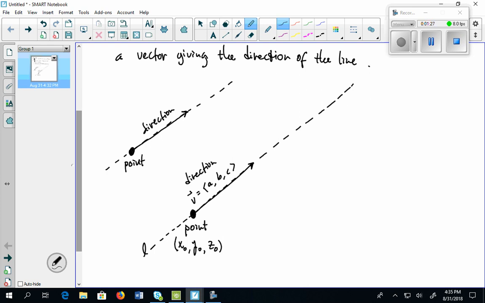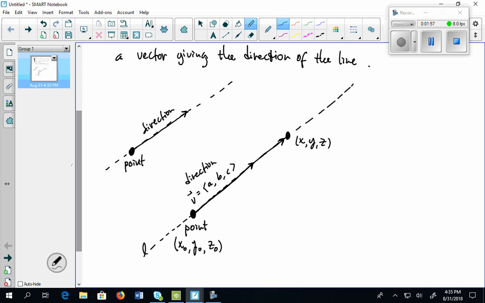Now, take any other point, say we put a point here on the line, and I'm going to call that x, y, and z. Now to represent this vector, we can come up with a larger vector here. Let me just draw this. I'm going to start at the initial point again, and I'm drawing along the initial vector, and I'm going to go all the way up to the point that we just drew, x, y, and z.